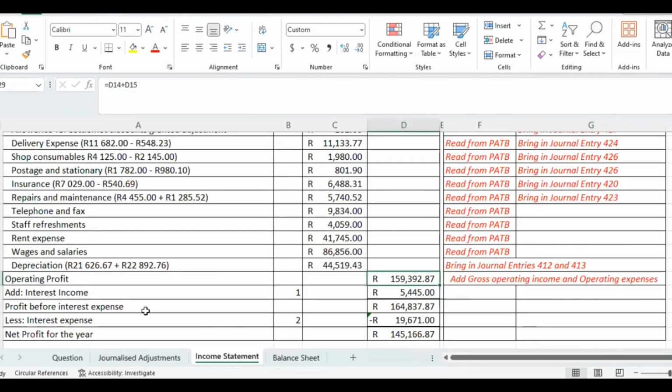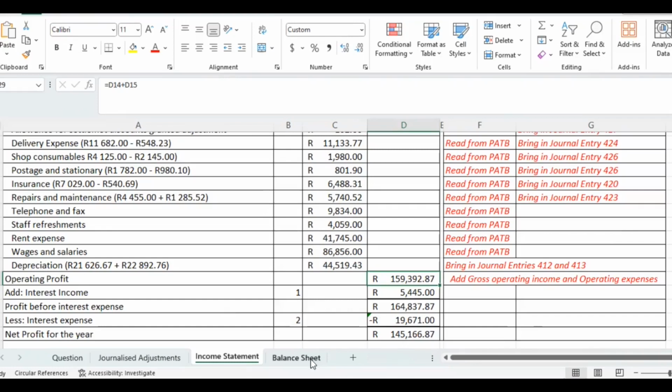Then we add the interest income deriving from note 1, so that we can get our profit before interest expense. Then we subtract our interest expense derived from note 2 to get our net profit for the year, because it is this net profit amount that we need to put into our balance sheet.